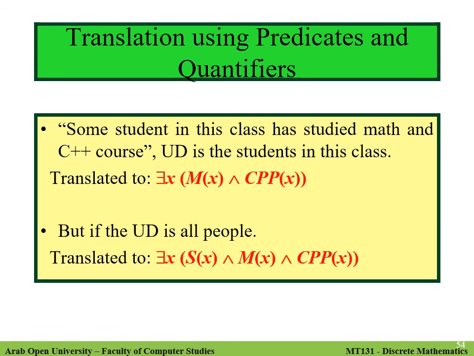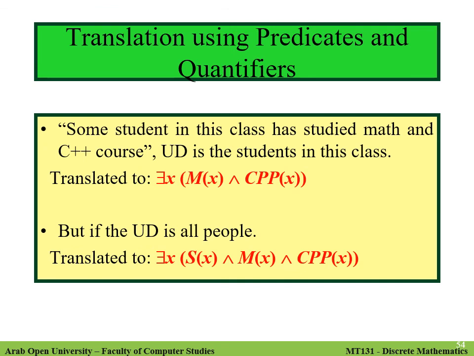Here are some examples for the existential quantification. Some student in this class has studied math and C++. The universe of discourse is students in this class. Some students, that means there exists an x such that the student has taken math and has taken C++.